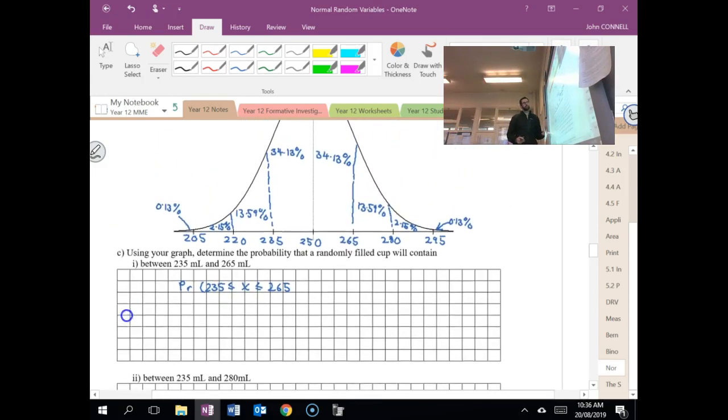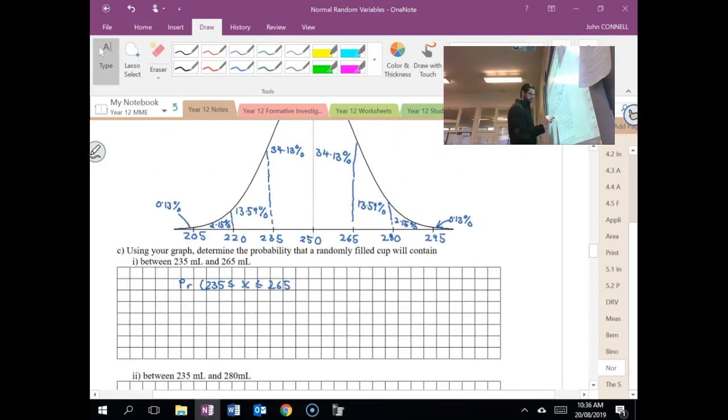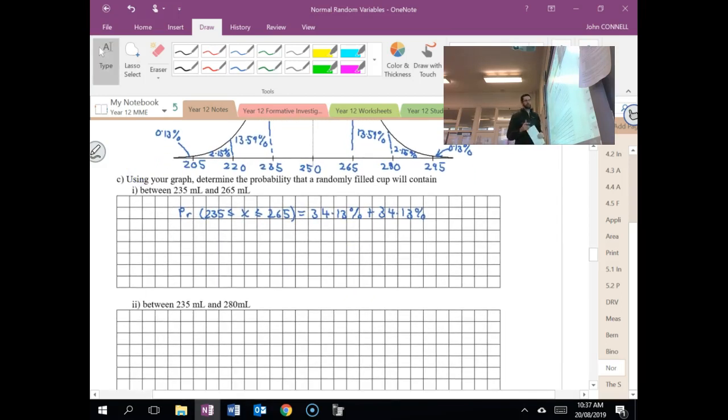Well, I've got 34.13% there, plus another 34.13% on the other side of the mean. So I'm just adding these two values because that gives me the probability that it would be between those two values.